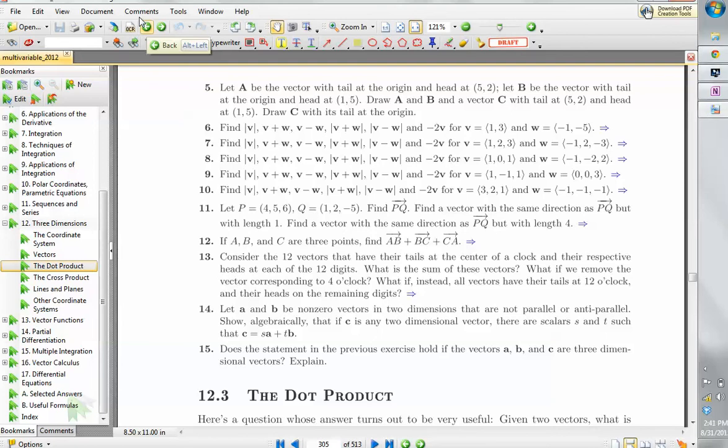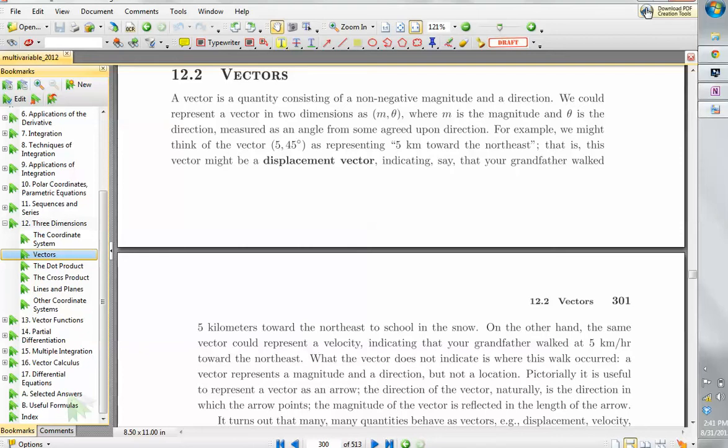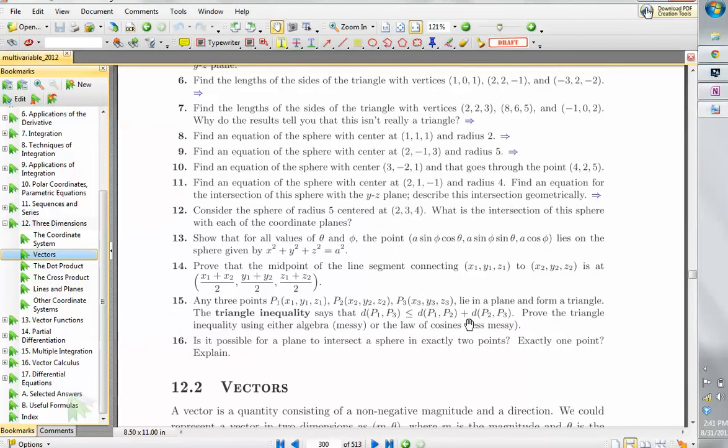I have a question on 12.111, the other starting point. I don't quite know what it means by describe the intersection geometrically. Do you remember what it means for a point to be on the YZ plane?